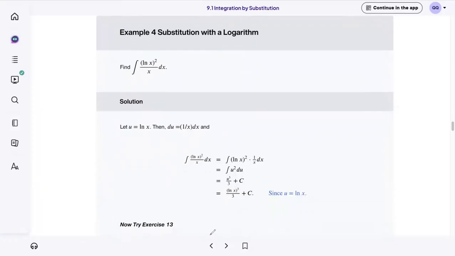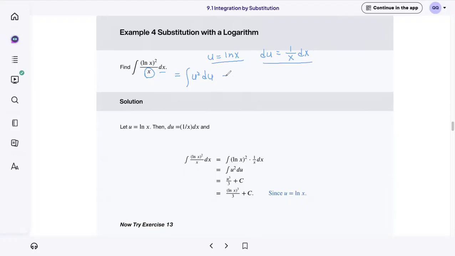Let's see this one. We have ln x squared divided by x. So we want u to be ln x. And then what is du? du is 1 over x dx. You see, we have 1 over x dx. So this one can be written as u squared du, where u is ln x, and 1 over x dx is du.